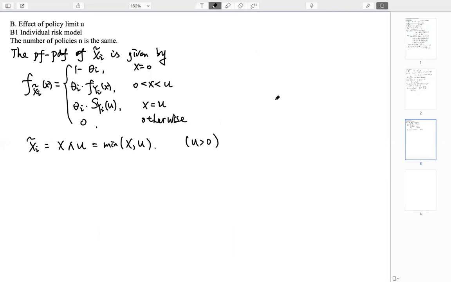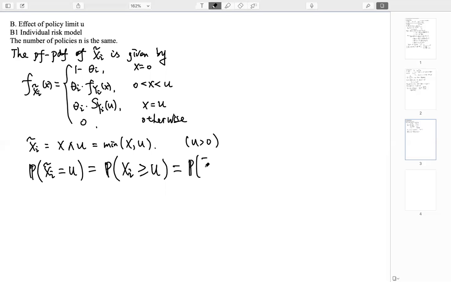Now we want to know the third piece. Why does it end there? The reason is very simple. If I have this equals u, that means my Xi has to be greater than or equal to u, so anything more than u will be kept at u. So obviously this is bigger than 0.